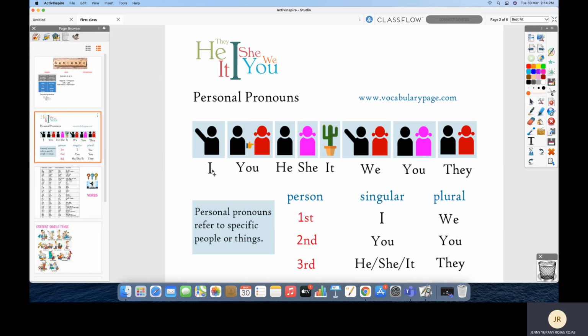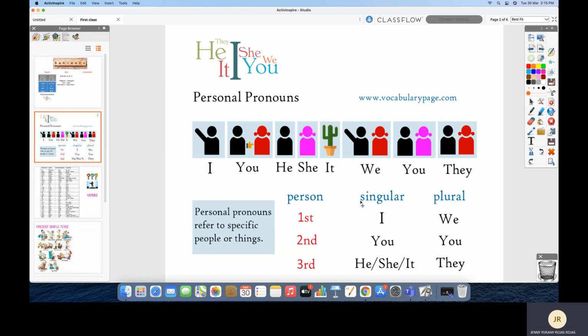They can be I. Remember that I means the first singular person, I. Entonces yo soy la primera persona del singular. You, when I am having a conversation or a dialogue with another person, the other person is you.